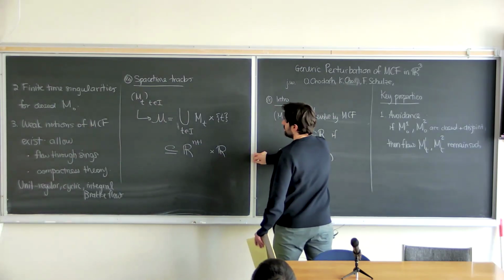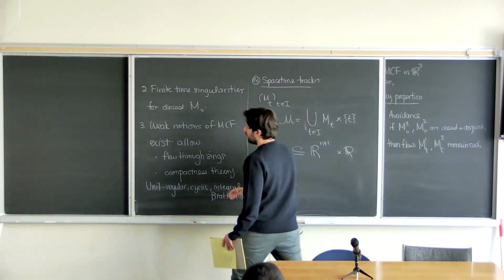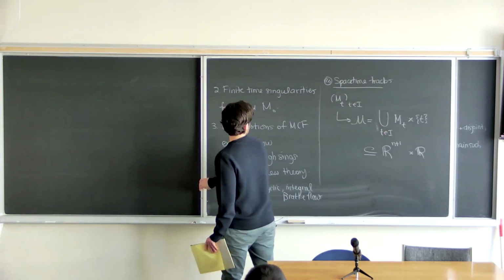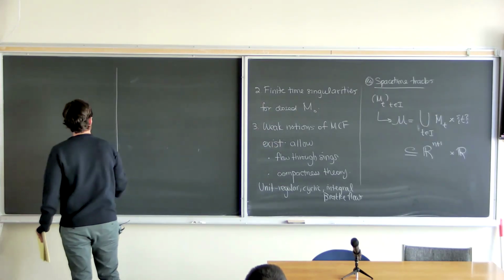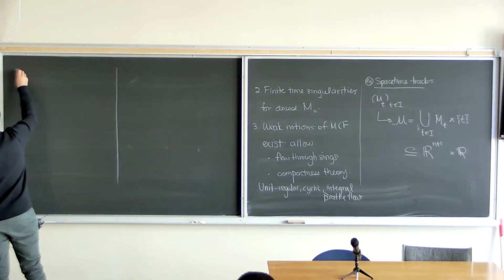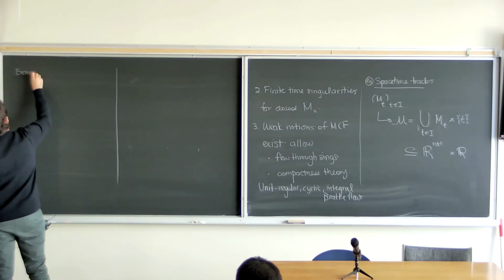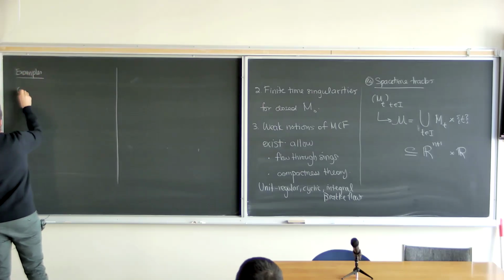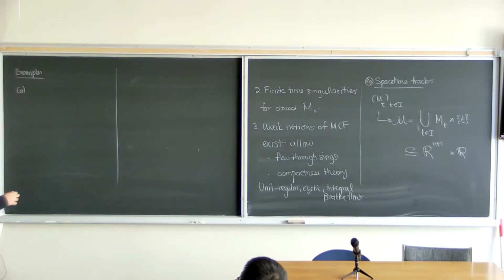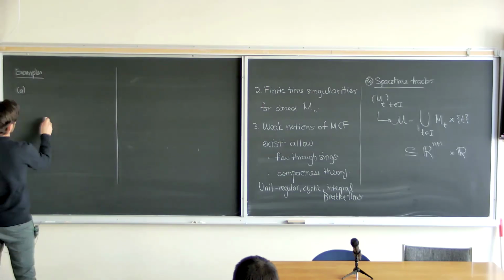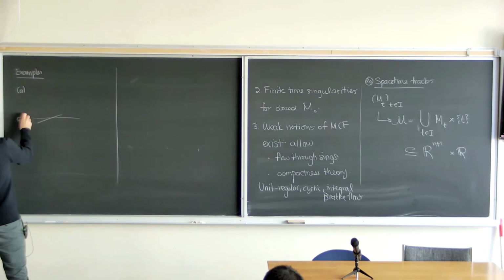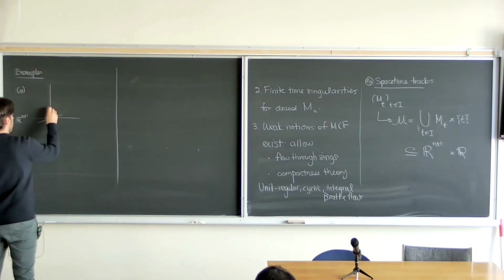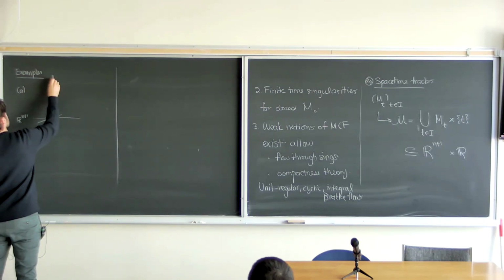Okay, let's draw this picture for a couple of scenarios. Example 1, actually we'll have a couple of different facets. Let's say your R^(n+1) is here, and your new axis, your time axis, is here.